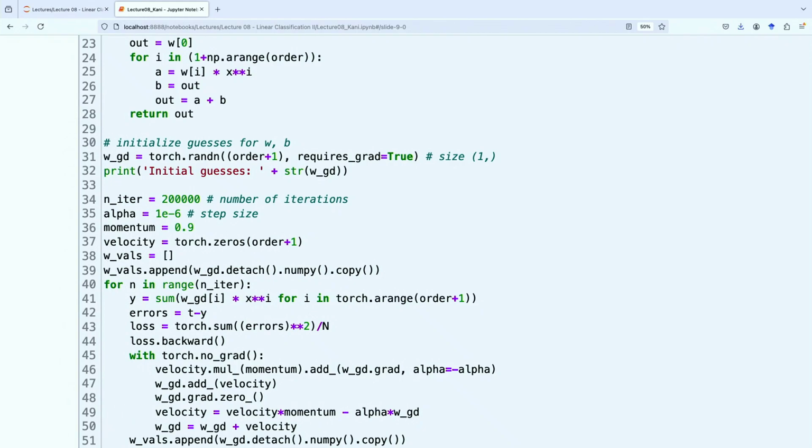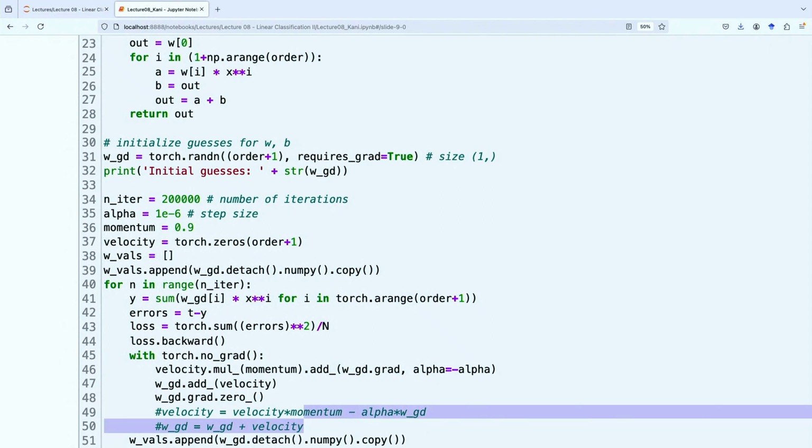And I'm gonna comment these out again before I forget, because it does break the code. But why didn't I do this? Why did I go through and do all of this?